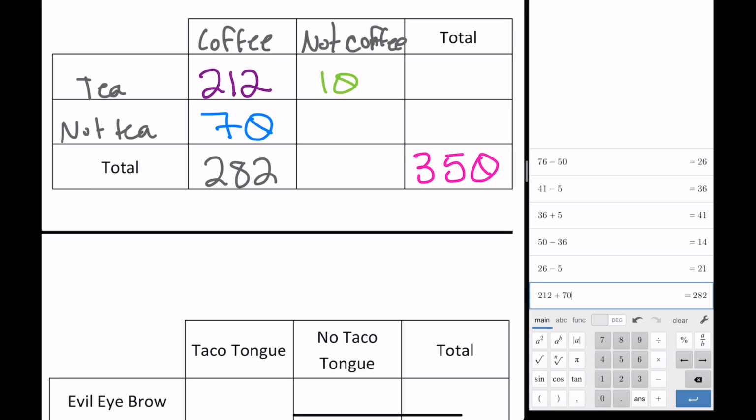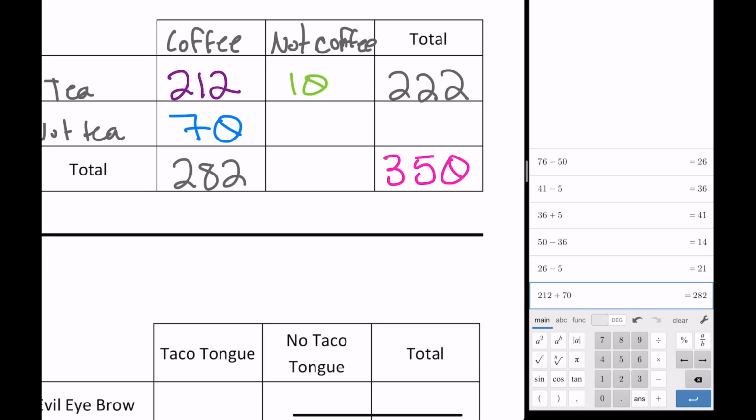All right, I have another place where I have both of my joint frequencies, so I can figure out my total. 212 plus 10 would equal, hopefully we can do this in our head, and if not, there's a calculator. But that's 222.